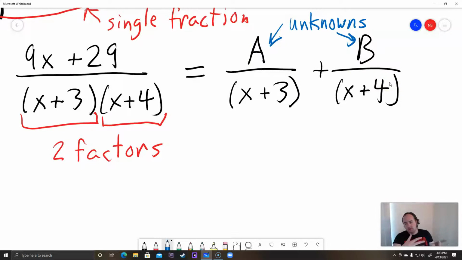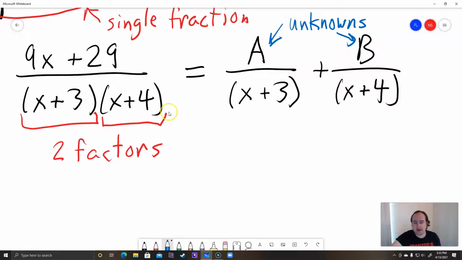Just because when you're doing an integral, if it's a less complicated fraction, it's more likely that you're going to actually be able to integrate it. So that's the basic idea: you look at all the factors in the denominator, and each one appears in a separate fraction on the other side, and you're adding those fractions together, with unknowns in the numerators.